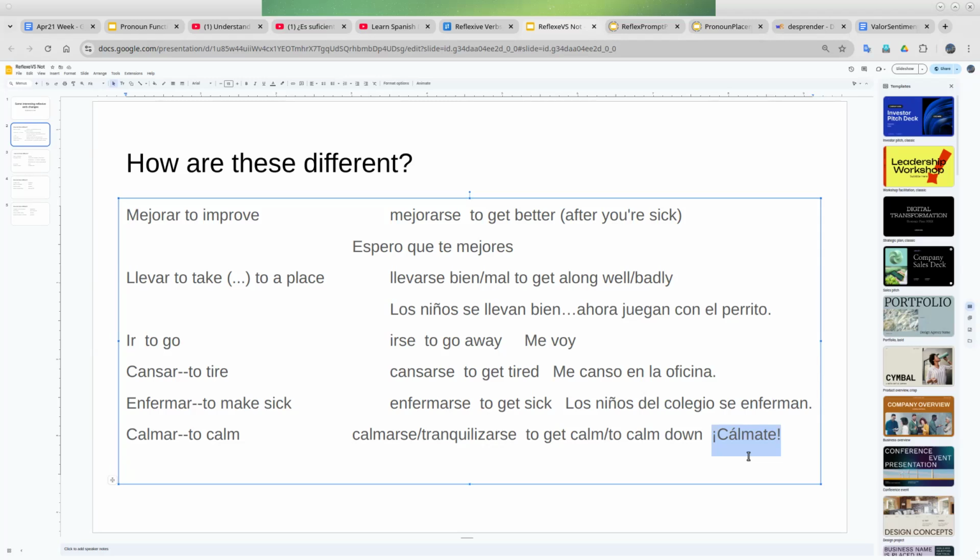When we turn a verb into a command, we have to slap the te or a se on the end. So commands flip the position of that me, te, nos, se to the end of the verb if it's an affirmative verb. See? Bien? Pretty good so far?